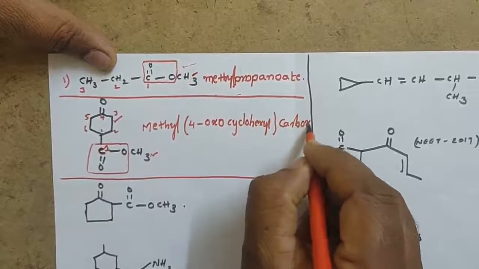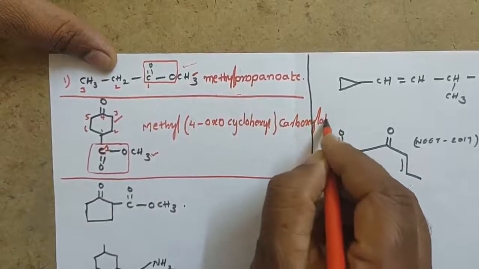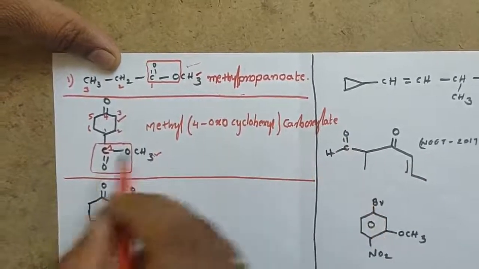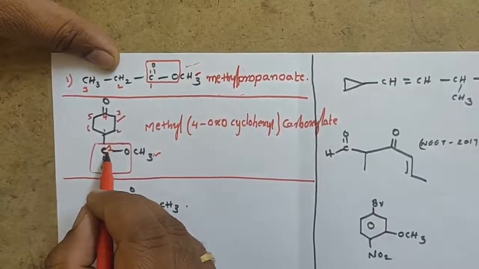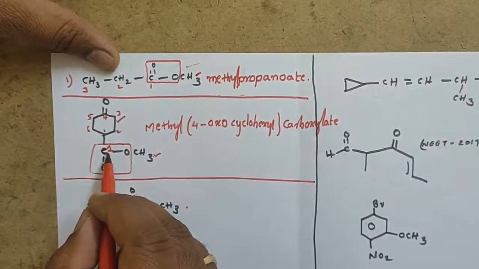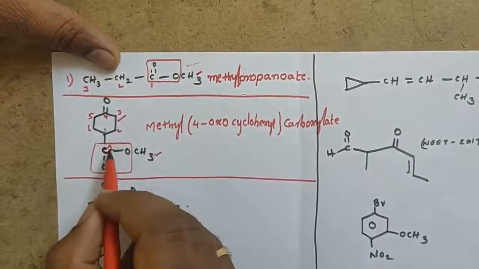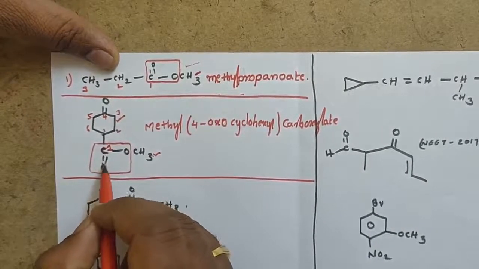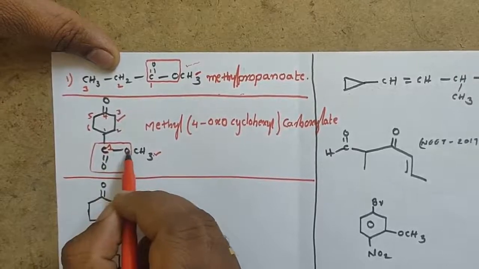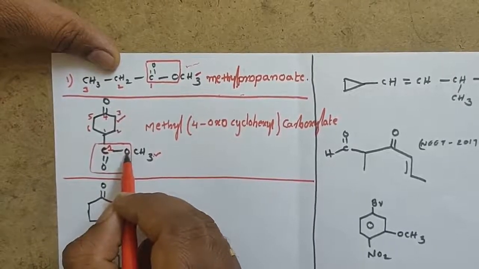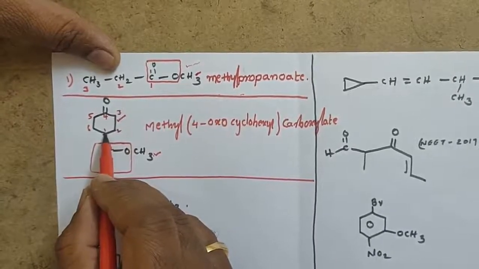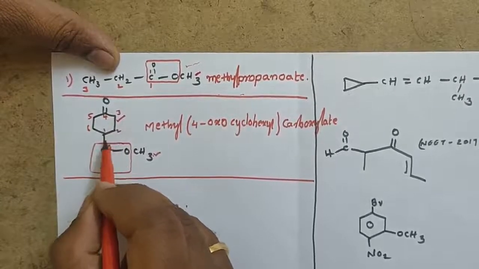What is the name of that? Carboxylate. See, I am not writing methanoate. Why am I not writing methanoate? Because the C double bond O, this ester functional group is attached to the cyclic ring.